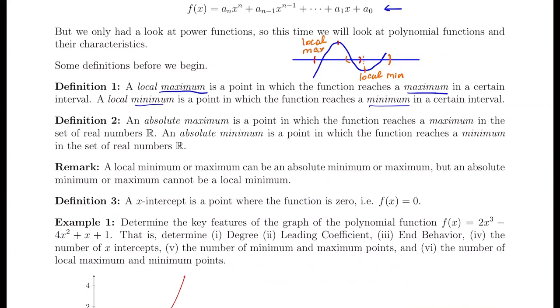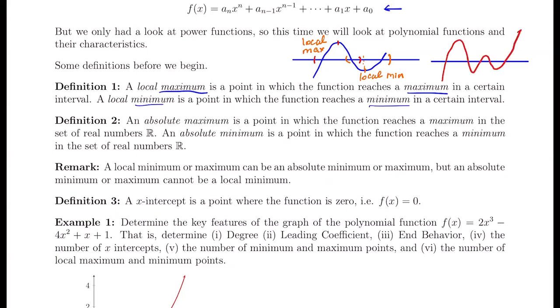All right, so here's the second definition. An absolute maximum is a point in which the function reaches a maximum in the entire set of real numbers. Meaning that if we have a look at the entire space, let me draw another picture. Let's say we have something that looks like this.